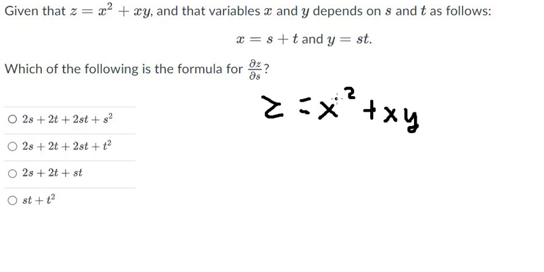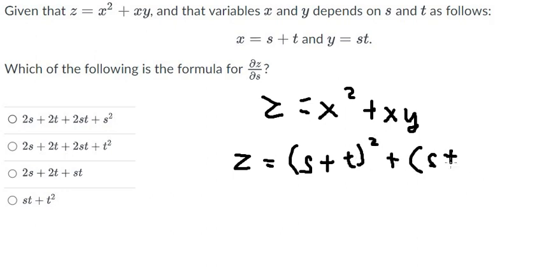So we need to change x and y into this one. And now we need to expand everything in here.